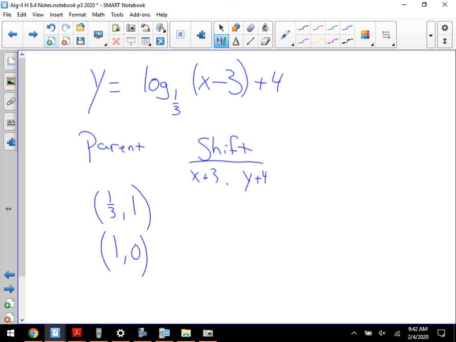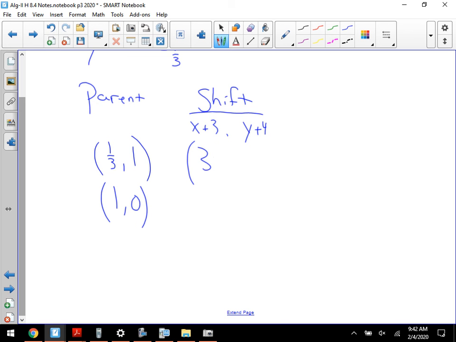It's always a lot cleaner to use a mixed number from time to time. This is one of those times. So my shift would be at 3 1/3 and 5. And now the toughest one. 1 plus 3, 4. 0 plus 4, 4.